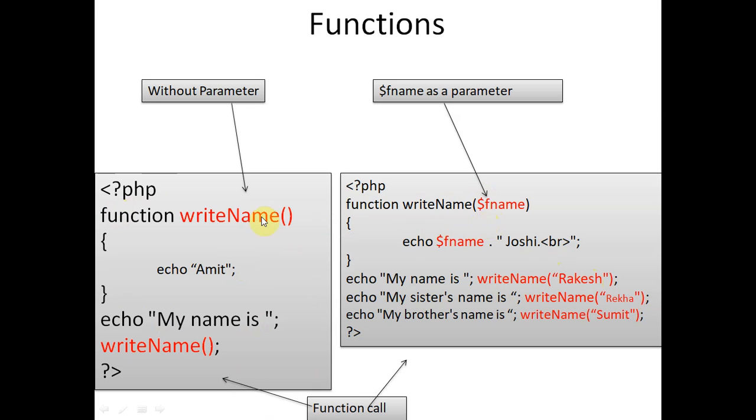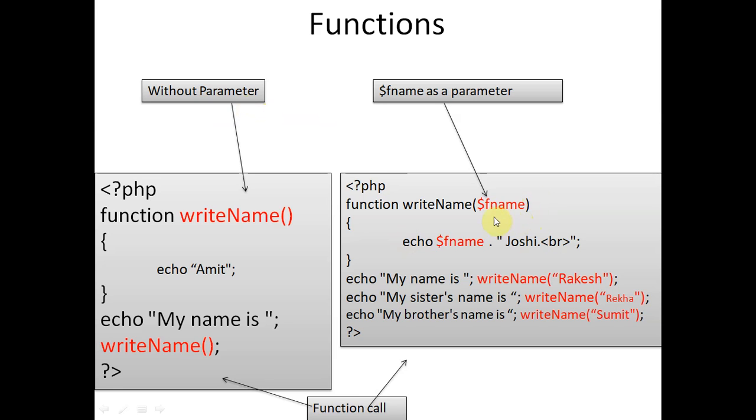The same function is here also, and in this function we are passing one argument. I have given one arrow to mention it: this is a function parameter, while in the previous one we were passing no parameter.